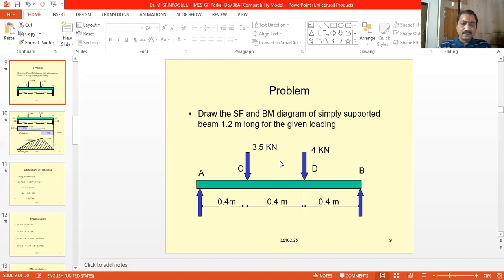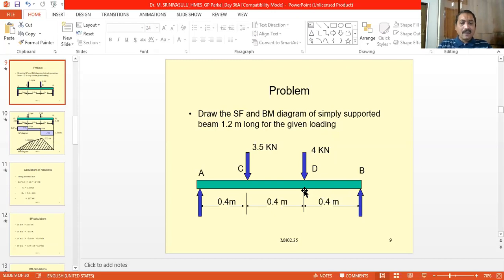In the figure, there is a simply supported beam having a length of 1.2 meters, and it is carrying 2 point loads: one point load of 3.5 kN at a distance of 0.4 meters from the left support, and a point load of 4 kN acting at a distance of 0.4 meters from the right support.